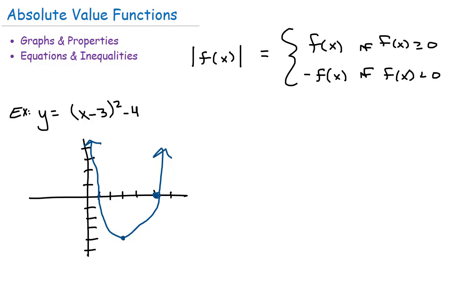And let's say we were to take the absolute value of this function. So the absolute value of y, or the absolute value of f of x, the whole function. So that would mean that anything that's negative or below the x-axis would turn positive. And so the corresponding graph of the absolute value of this function, it would still be the blue parts at the top, so it'd still be any positive values for the parabola, like those two.